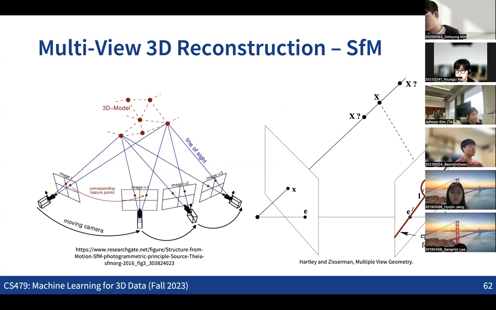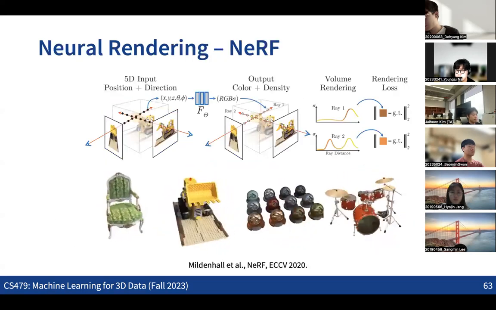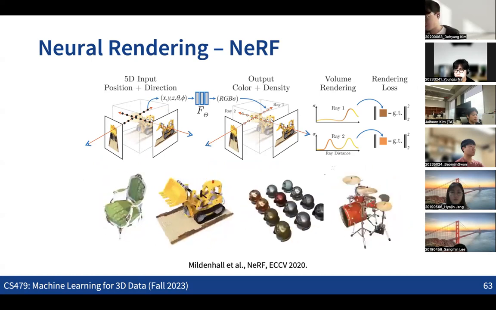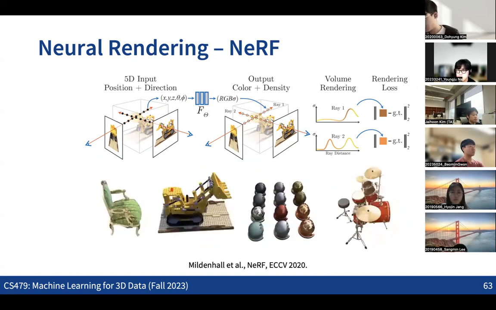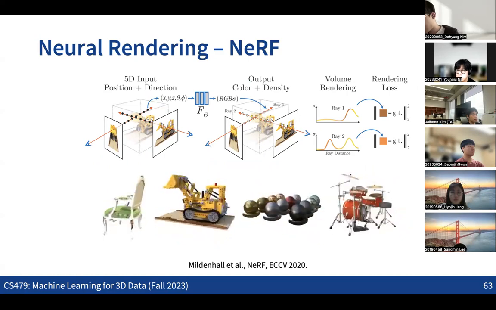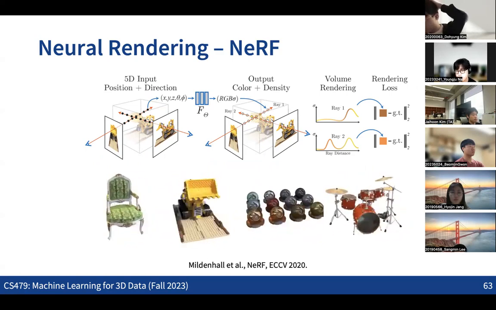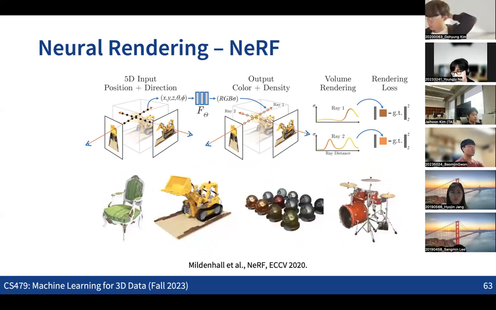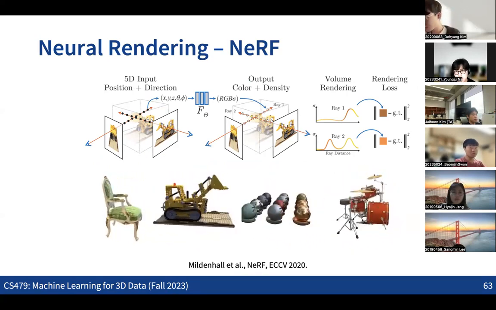And then we extended this idea to discuss NeRF, which is a representative technique for neural rendering, having an implicit representation for these 3D models, learned from multi-view images, which gave very high quality outputs.